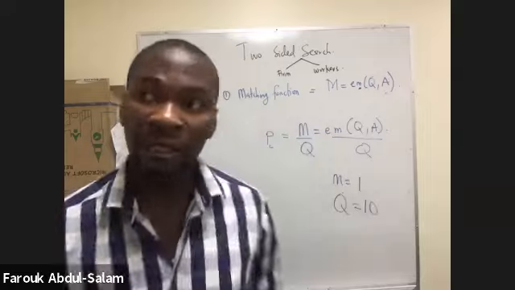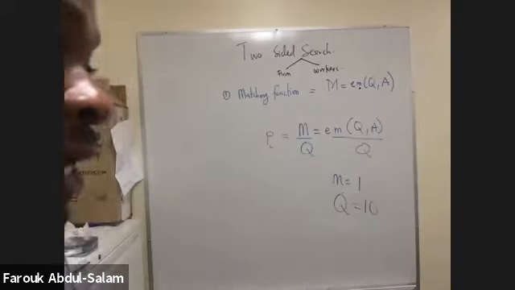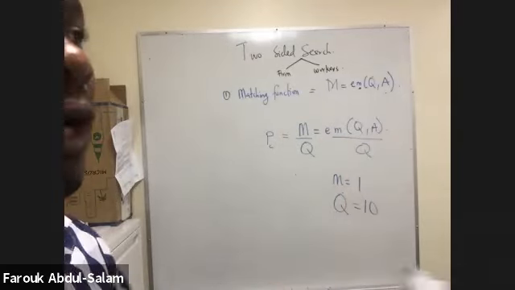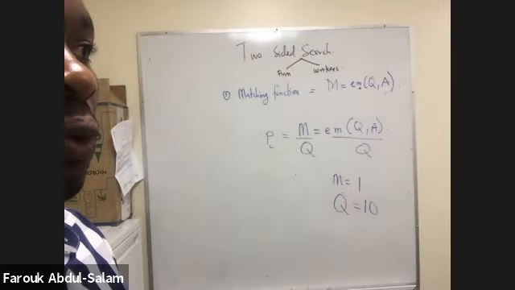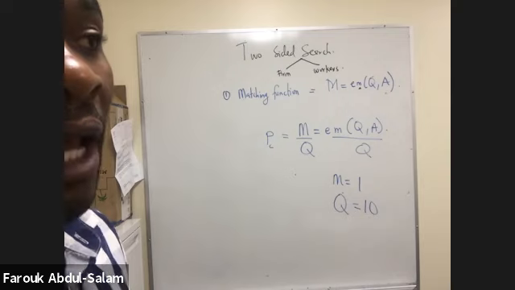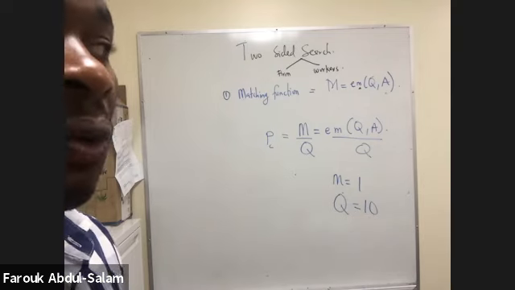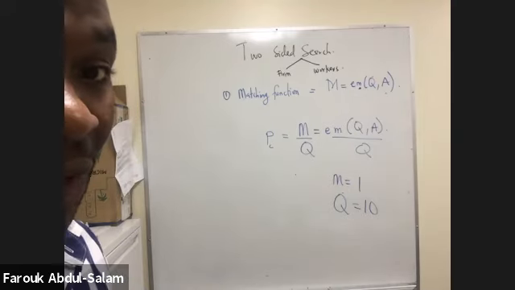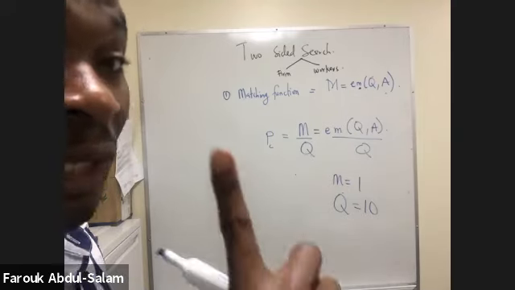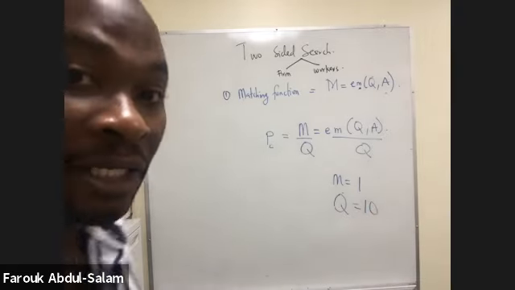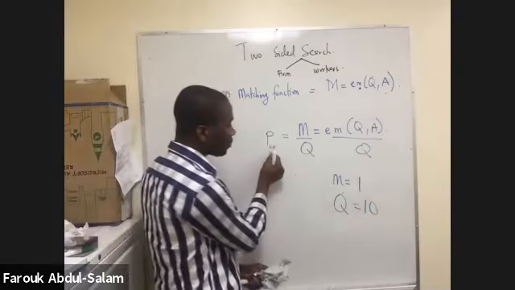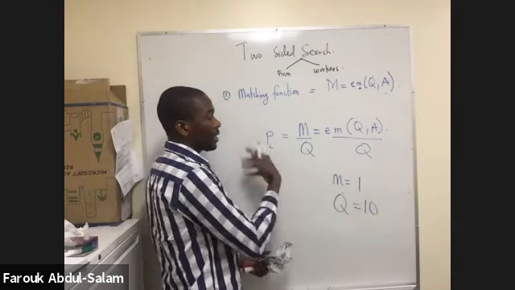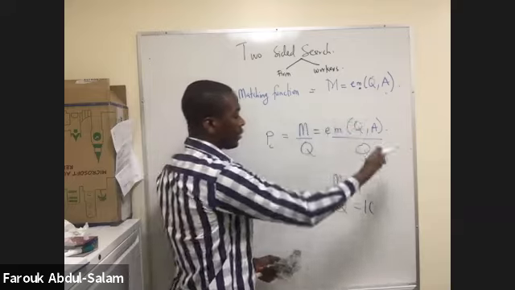If you happen to be in this economy and you know for sure that at the end of the day, there's only going to be one outcome of a worker and a firm coming together to work, and there are 10 workers in the economy, what is the chance of you getting the work? Anyone to help me? There's only one outcome. Exactly, it's just going to be 1 over 10. So that's the reason why P of C here represents the probability of a worker getting a job.